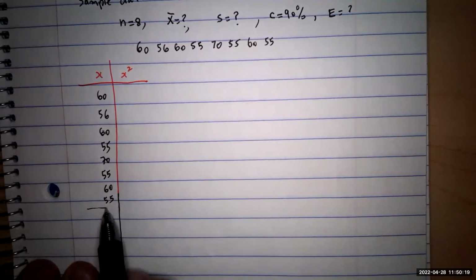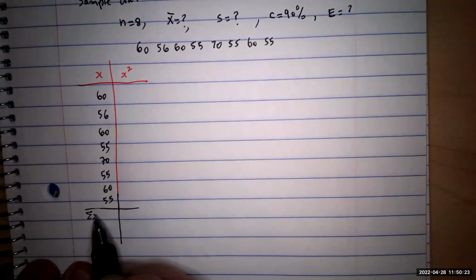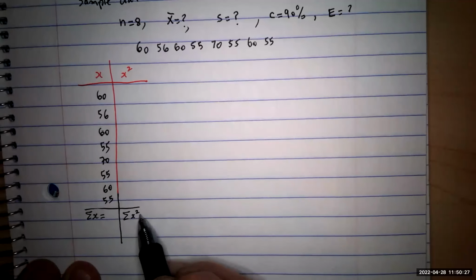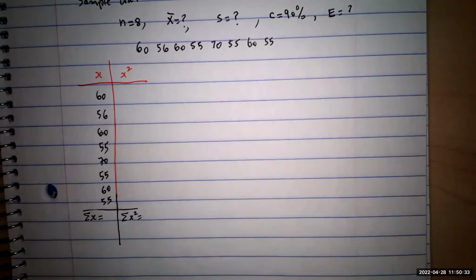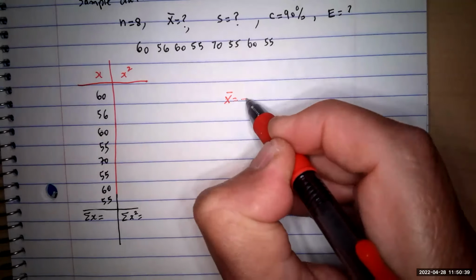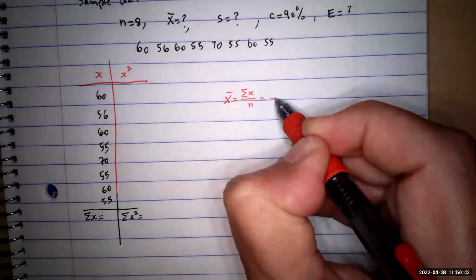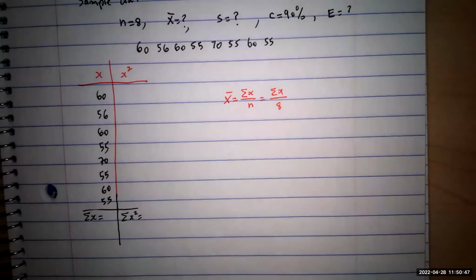So what you're going to do is you need to find this one, sigma x, and you need to find this part, which is going to be sigma x squared. Okay, and these are the formulas that we have to use. And remember, x bar is equal to sigma x over n, which is going to be sigma x over 8. You're going to find the sigma x.